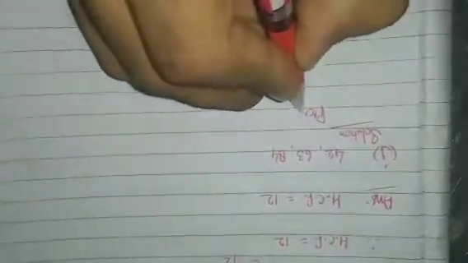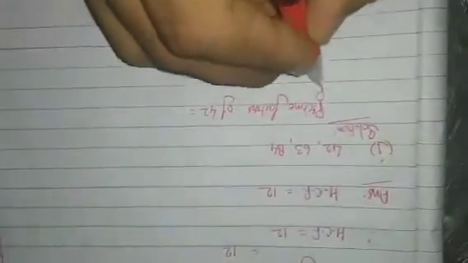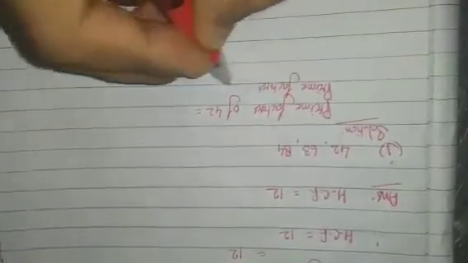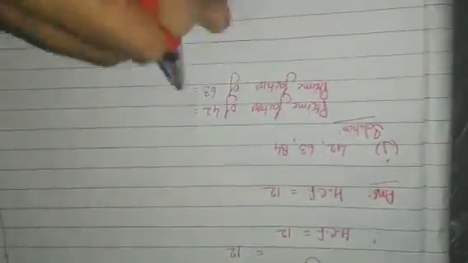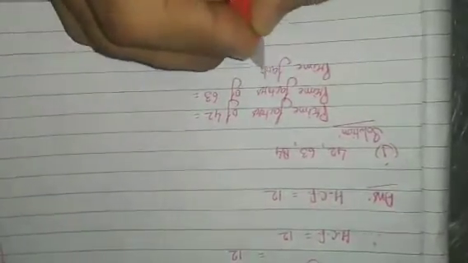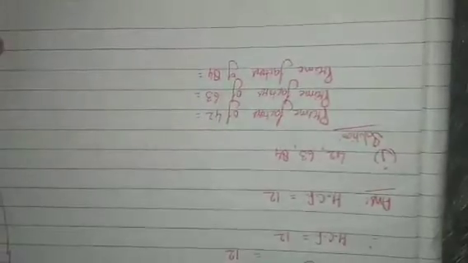Here you will find out the prime factors of 42, then the prime factors of 63, then the prime factors of 84.